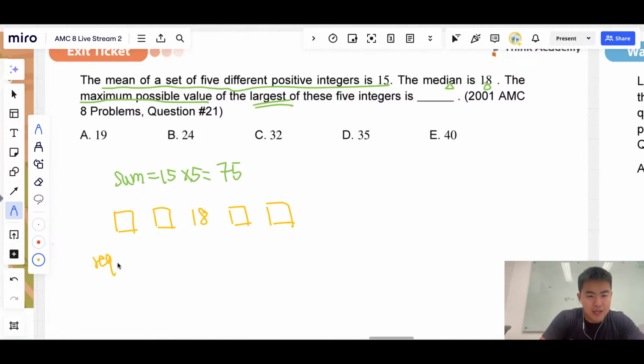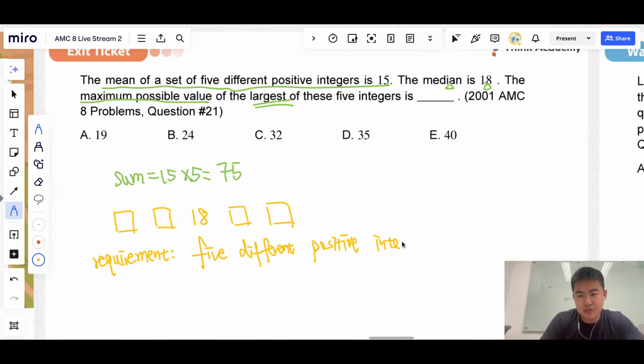The requirement is, we must have 5 different, and positive integers. Let me write it better.